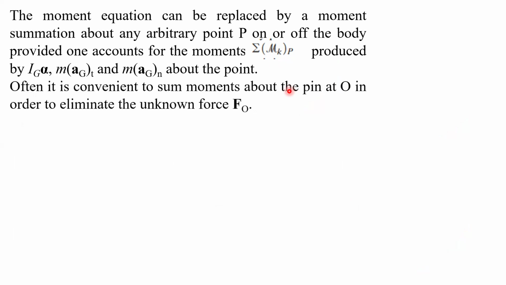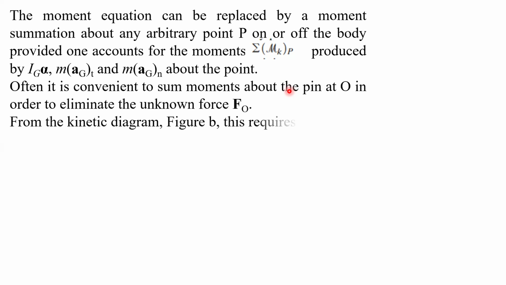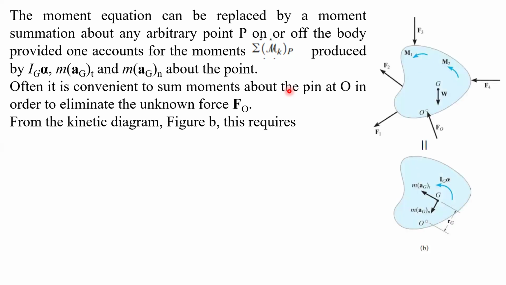Often it is convenient to sum moments about the pin at O in order to eliminate the unknown force. From the kinetic diagram, figure B requires that the summation of all the moments about O will be equal to the summation of the kinetic moments about O.